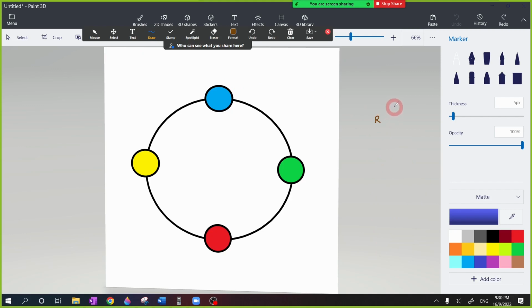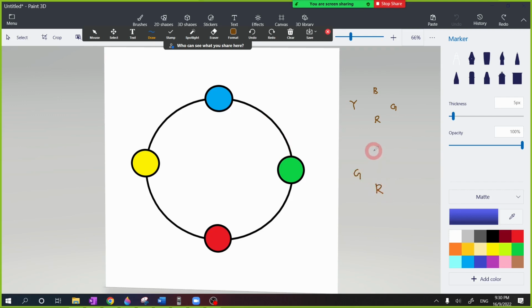Red, green, blue, and yellow. So in this situation, if we are arranging some beans to form a necklace, the clockwise and anti-clockwise are not important. Okay, what do I mean?